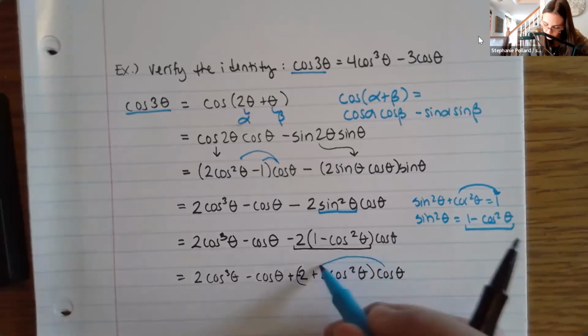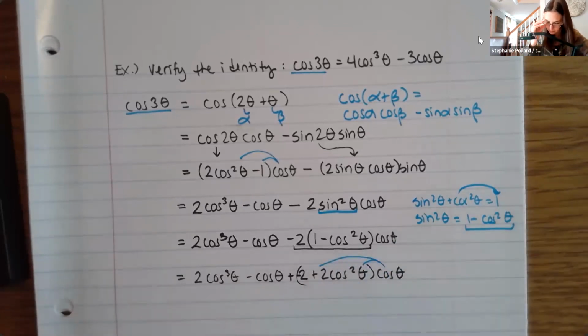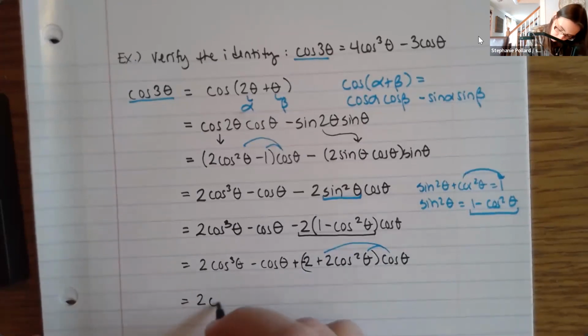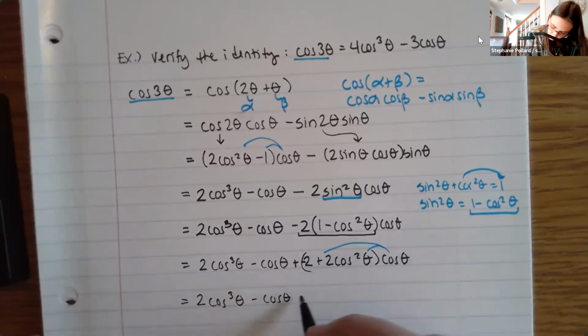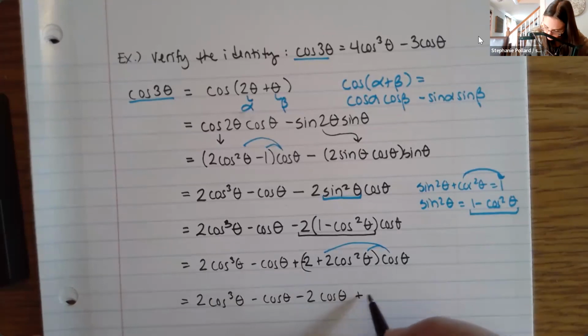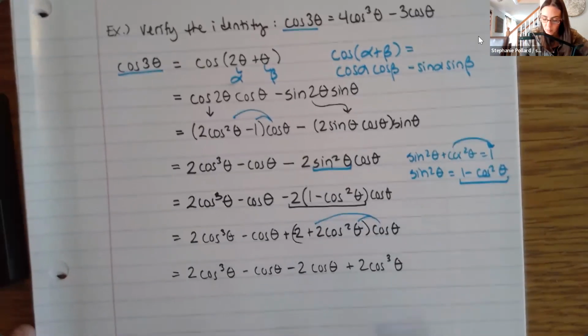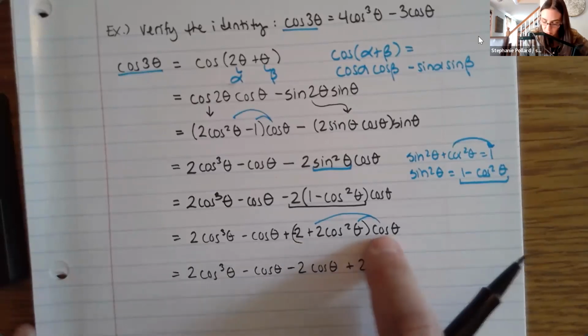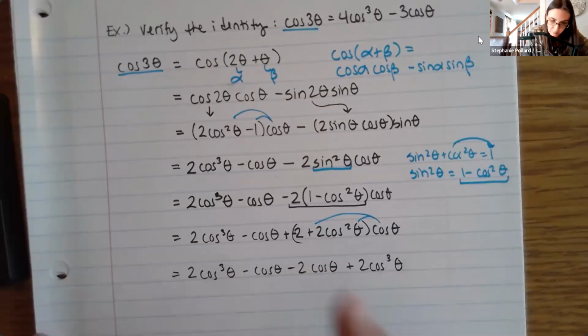And then I'm going to distribute again. So when I distribute with the cosine, I have minus 2 times cosine theta, and then 2 cosine squared times cosine. So that's where the cosine cubed comes from.